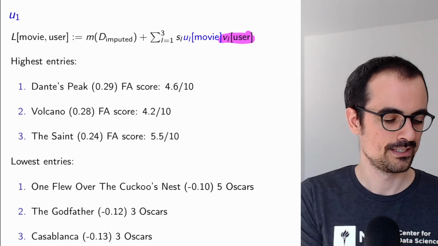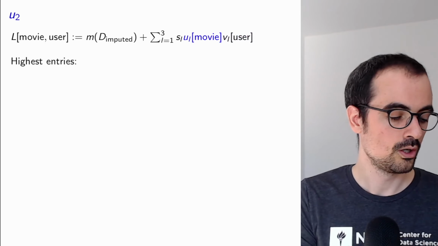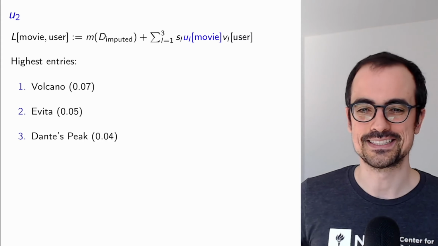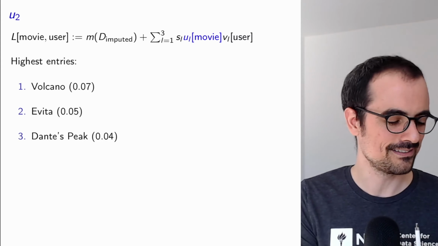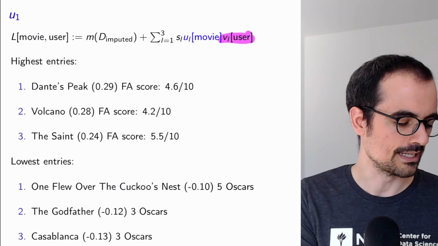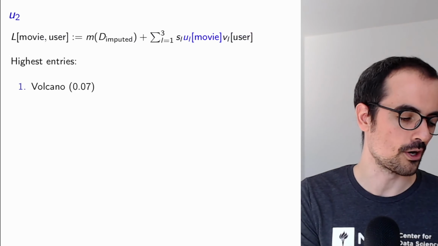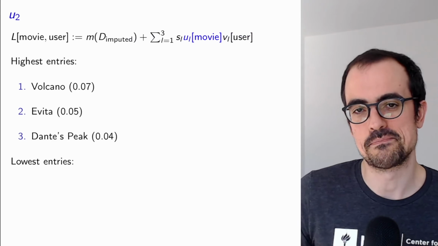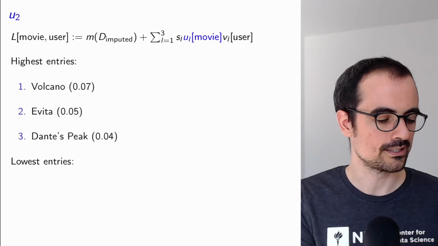Let's take a look at the second factor. These are the movies that had higher entries for the second factor: Volcano, Evita, Dante's Peak. So Dante's Peak is there again. Volcano also. I forget, yeah, Volcano and Dante's Peak seem to be very polarizing. Again, very bad movies. Evita apparently is also a very bad movie. I haven't watched it.